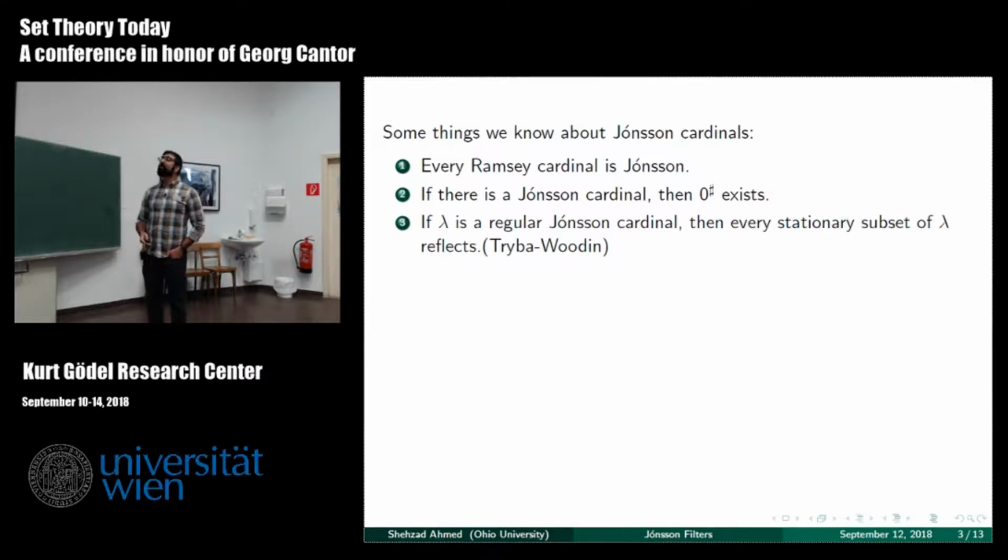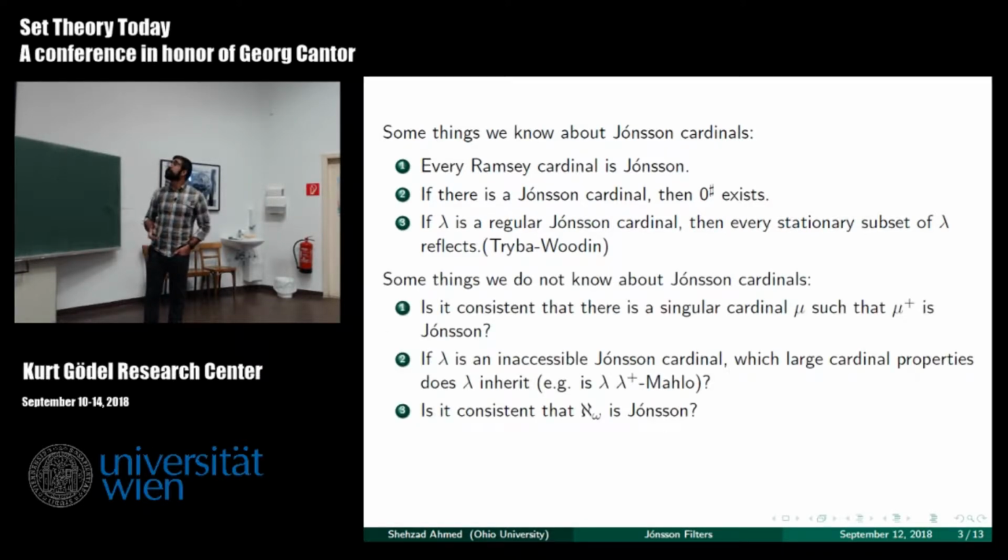On the other hand, what's more interesting about Jónsson cardinals is what we don't actually know. For example, this is a problem that probably most of you are at least somewhat familiar with in passing, but we don't know whether it's consistent that there is a singular cardinal mu such that mu plus is Jónsson. Even more hilarious, I think, is that if lambda is inaccessible Jónsson, I can ask what large cardinal properties lambda inherits from below.